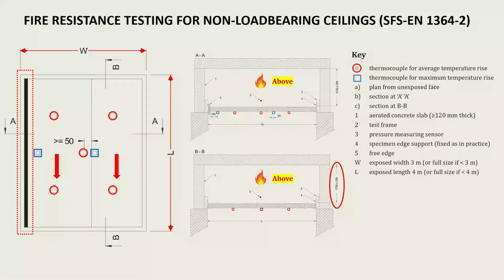Therefore, the unexposed face of the ceiling is monitored for integrity only by the cotton pad and sustained flaming method. Finally, the deflection at the ceiling midspan shall be measured and will be used later for catenary force calculations.